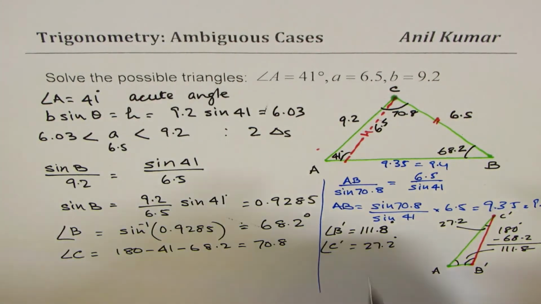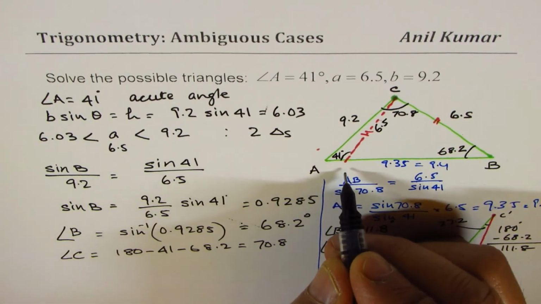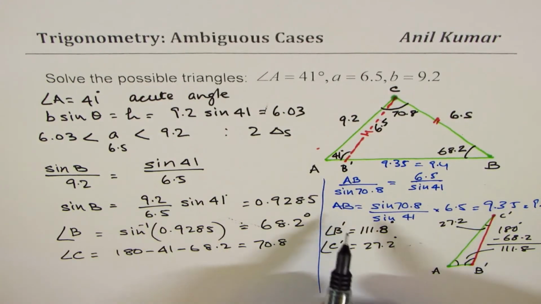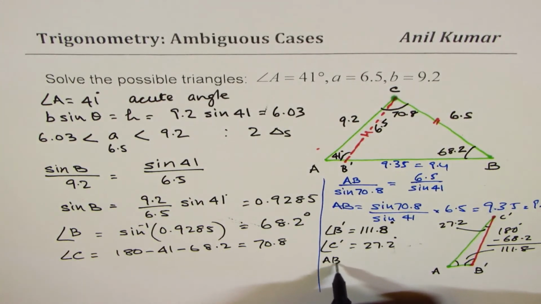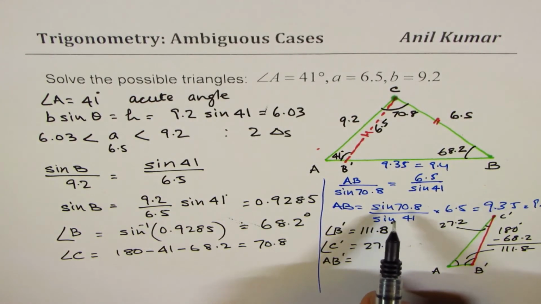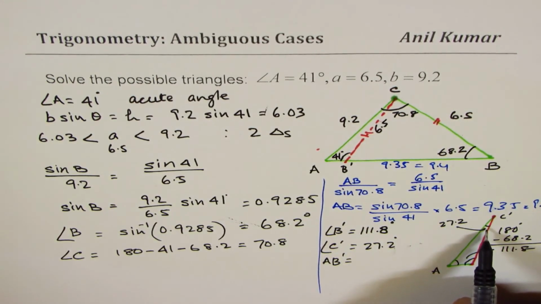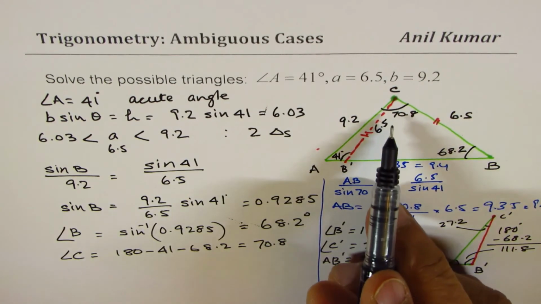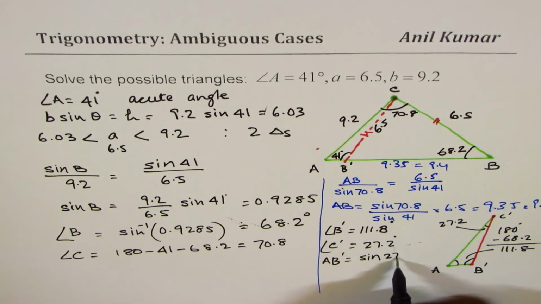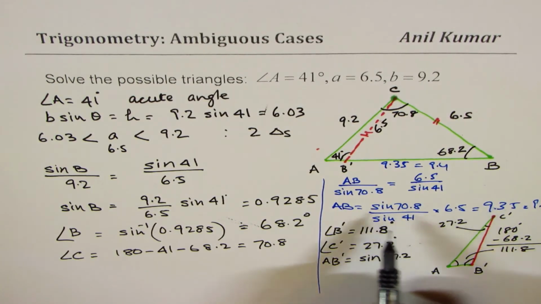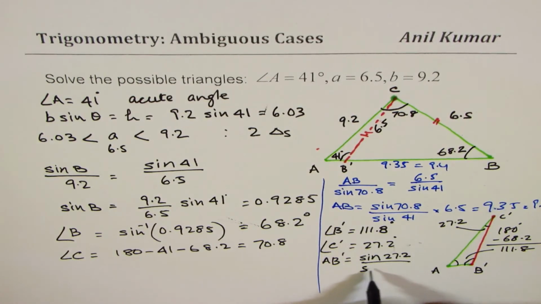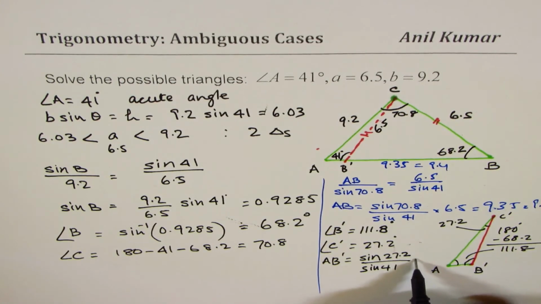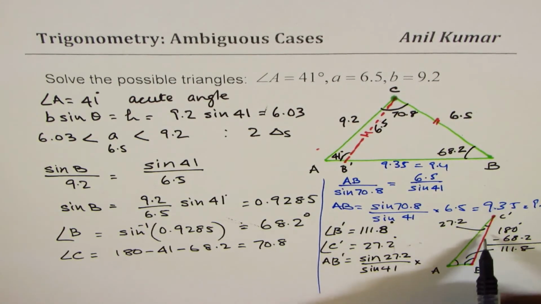And we know the side is 6.5. We need to find AB dash. So AB dash will be equal to sine of this angle, earlier it was 70.8, now it is 27.2, divided by sine of 41 times 6.5, which is this side.